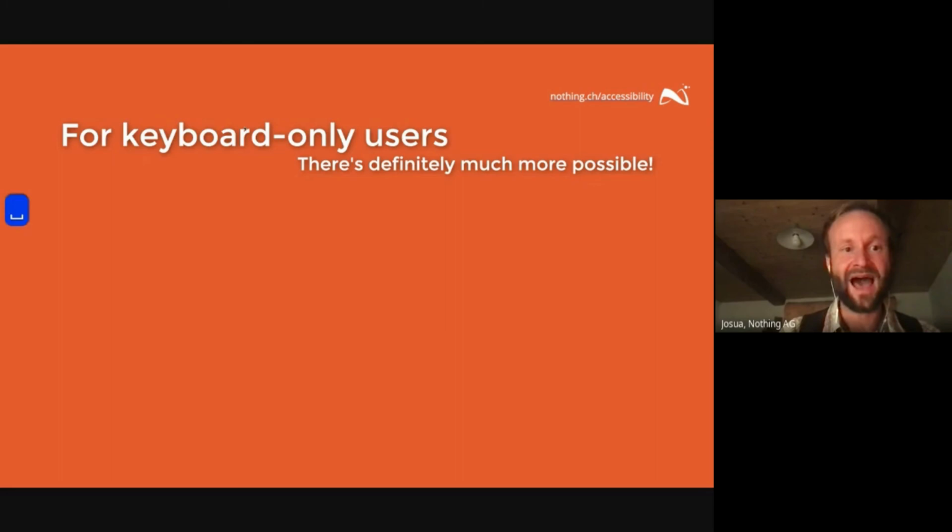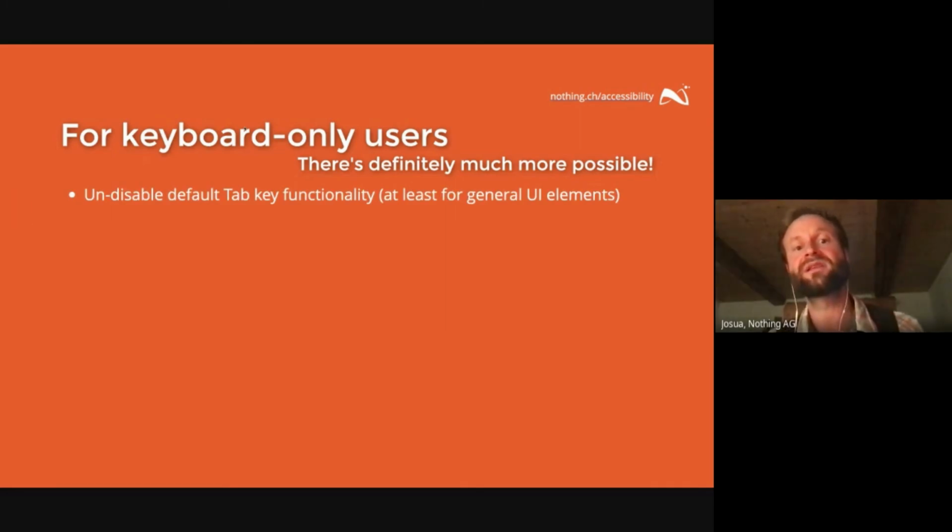First of all, I highly advise to not disable the default tab key functionality, at least for the general UI elements, or offer more shortcuts for them and better integration of the arrow keys and the enter key to move through those elements, to activate them, etc.